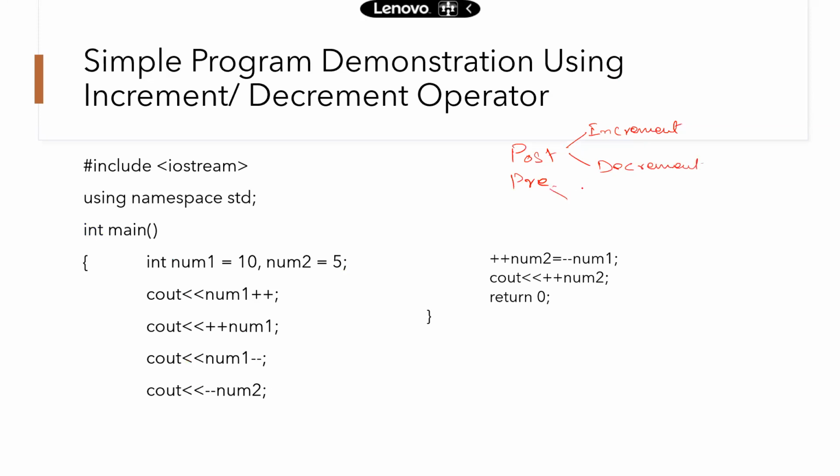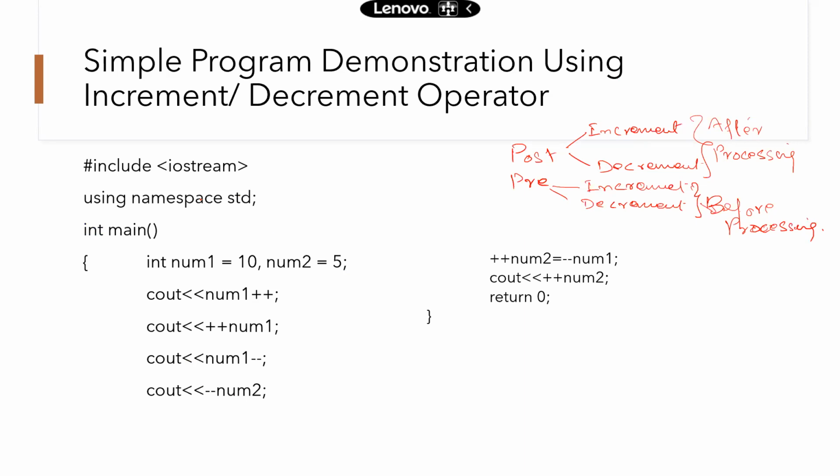Similarly, for the pre, it was pre-increment and pre-decrement. In the case of post, I said this would be done after processing, and this pre will be done before processing. So let's see what that actually means, after processing and before processing.